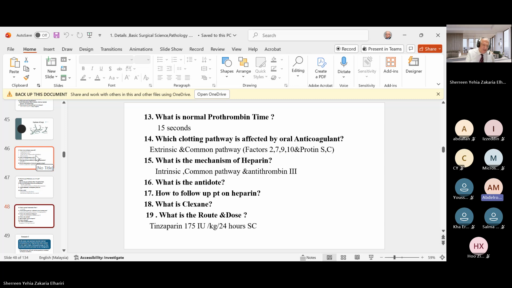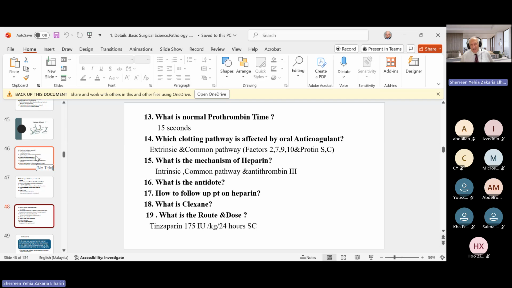I have heard you, doctor, talking about this question once before. You said that in the physiology books it is written extrinsic and common pathway. No problem, it's up to you. We consider all correct in the exam. What did you find in your physiology book? I found extrinsic and the common pathway.